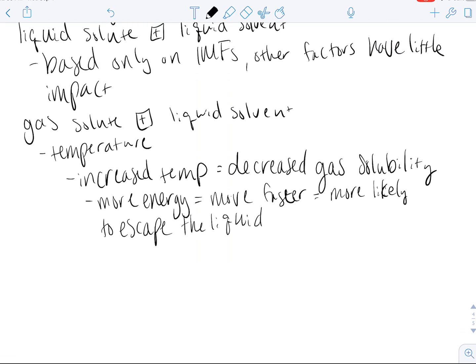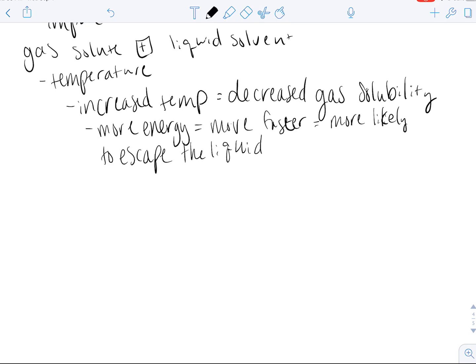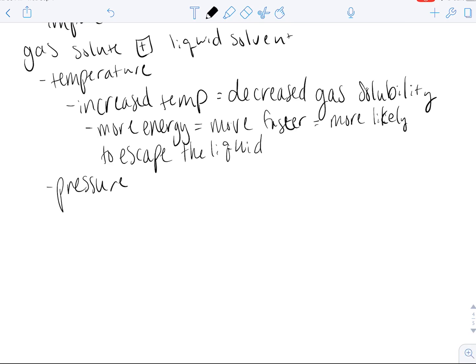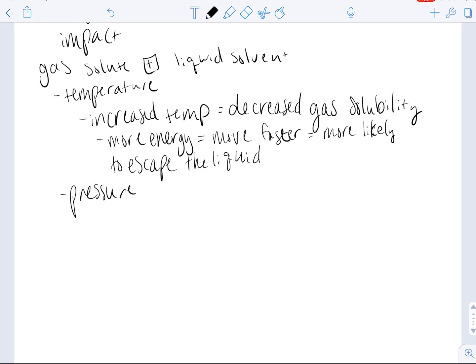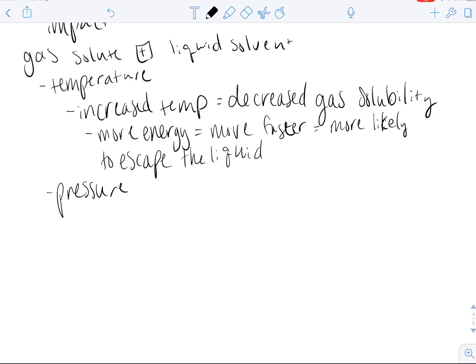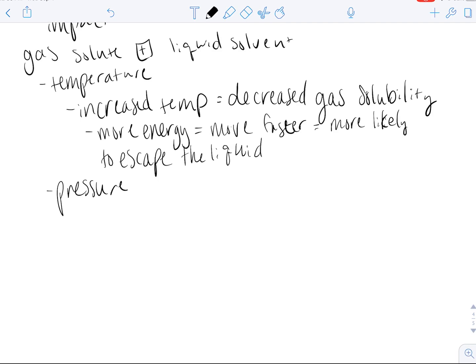Our next thing for a gas solute plus liquid solvent is going to be pressure. The greater the pressure, the greater the gas solubility. Specifically, we're looking at the partial pressure of our gas over our liquid.